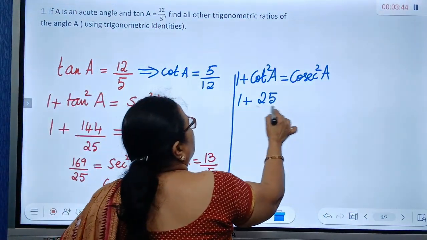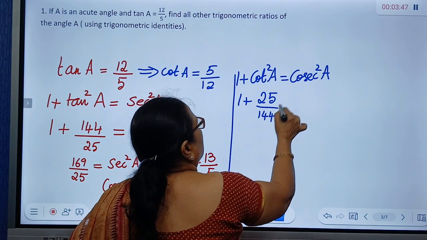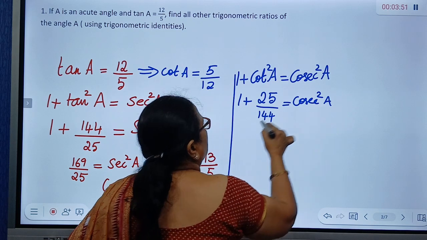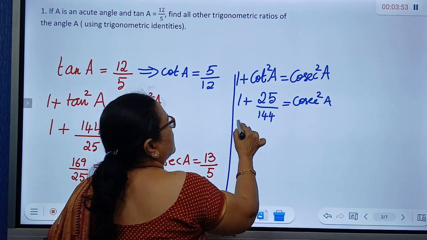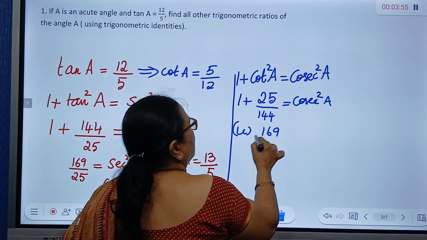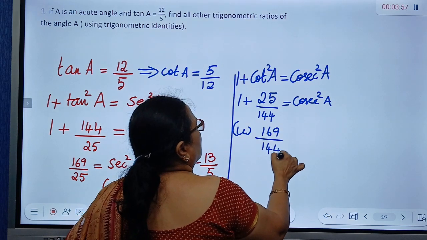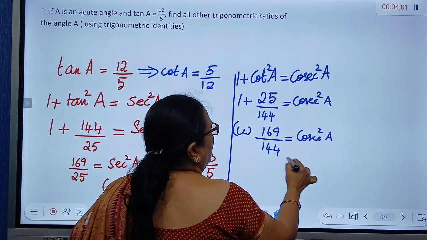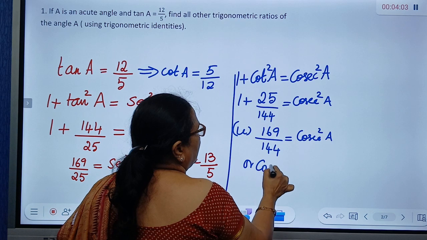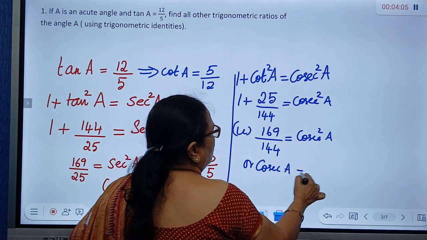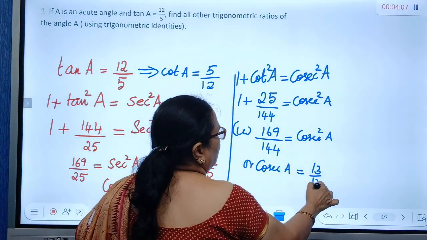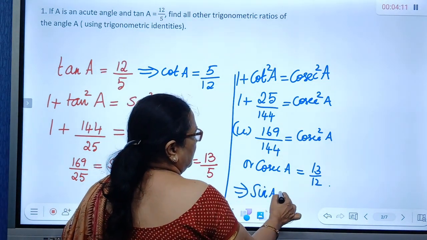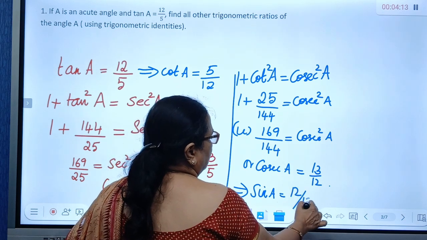So, 1 plus 25 by 144 equal to cosecant square A. That is 169 by 144 is equal to cosecant square A. Or cosecant A equal to 13 by 12, which implies sin A is 12 by 13.